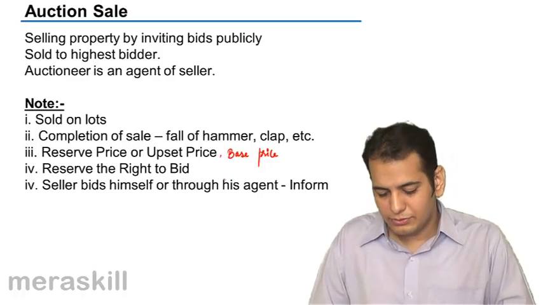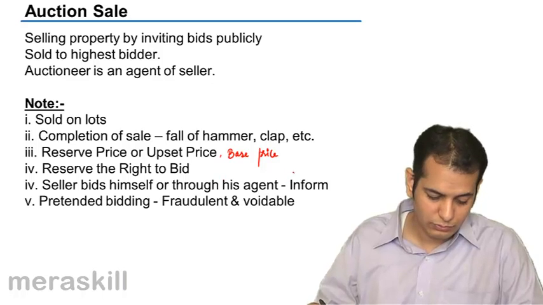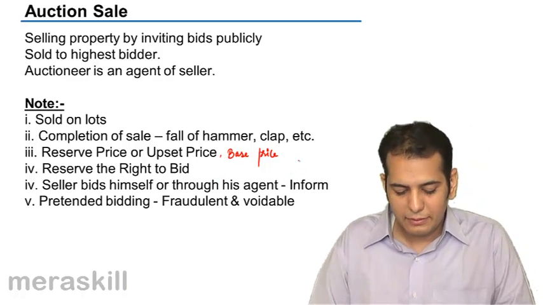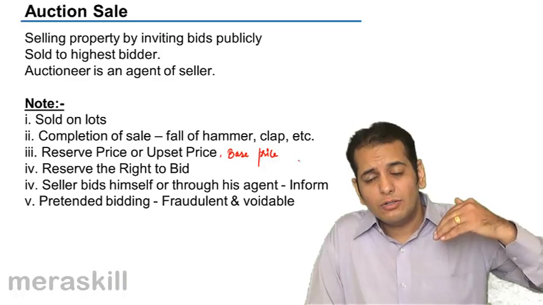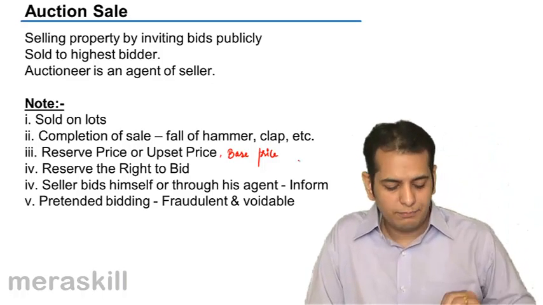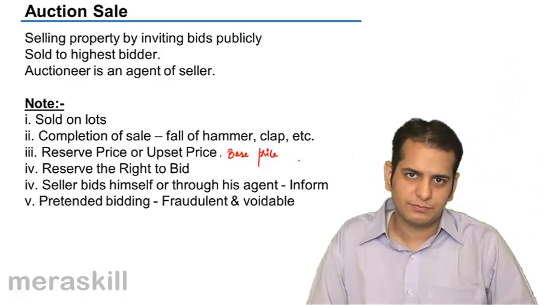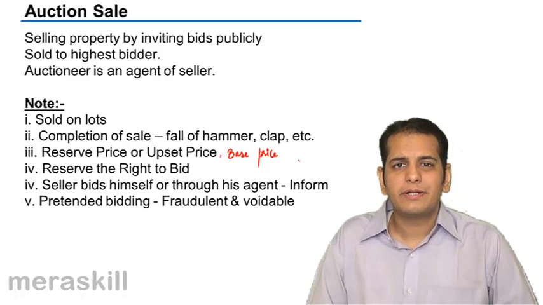I've already told you. Pretended bidding: he should not do this to increase the price. Pretended bidding means bidding done to increase the price. It should not be pretended bidding.